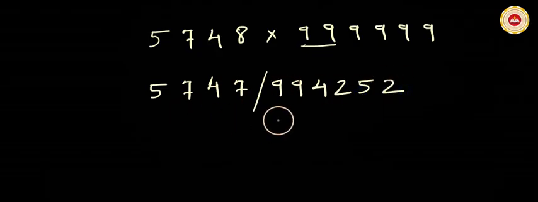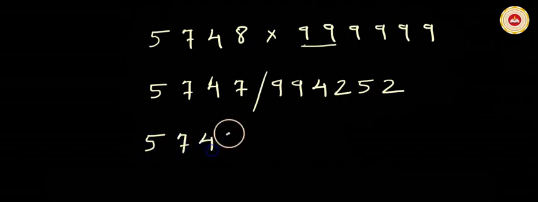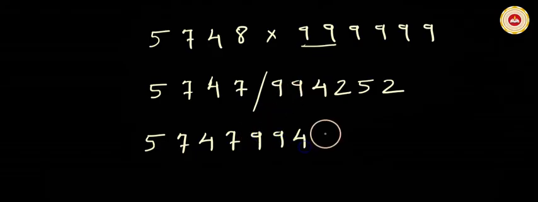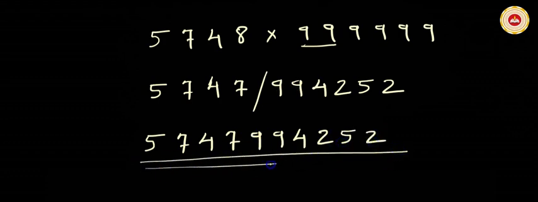So we calculated both parts. Now let us remove the slash and write the final answer. 5,747. Remove the slash and write 9,94,252. So this is the answer.